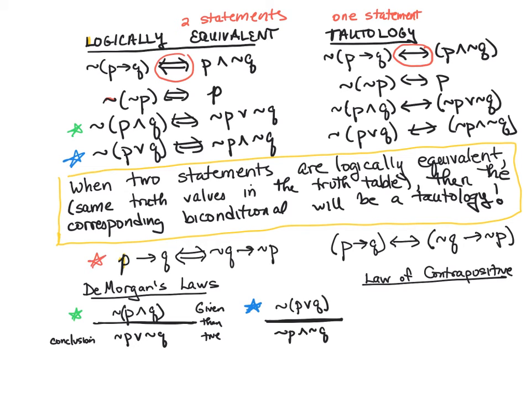This one, we could write, given if P then Q, then I could say conclusion, if not Q, then not P. So sometimes with logical equivalent statements or tautologies, we don't write them across. It does take a lot of space. We write them vertically this way. So we'll review this again.